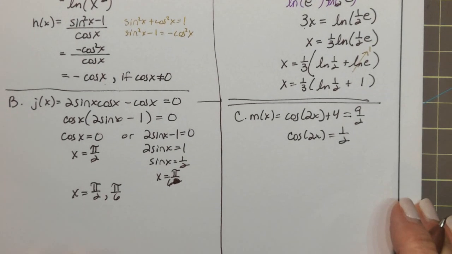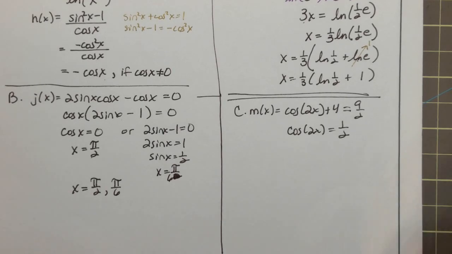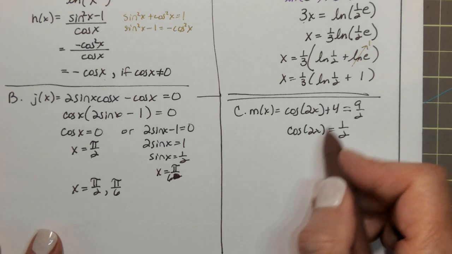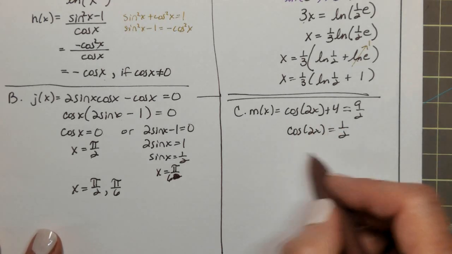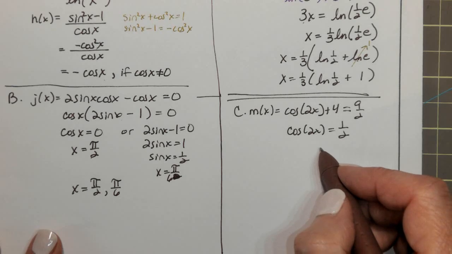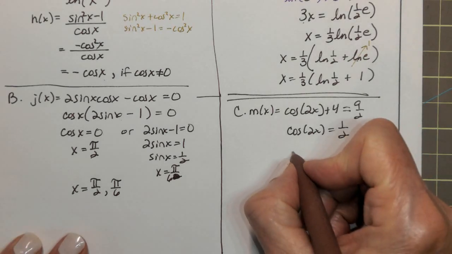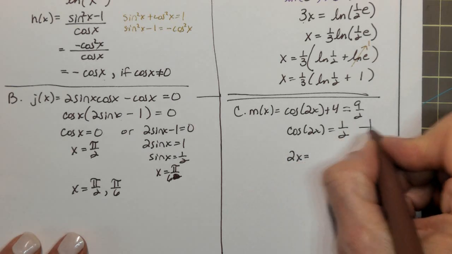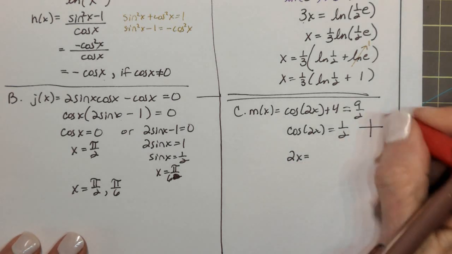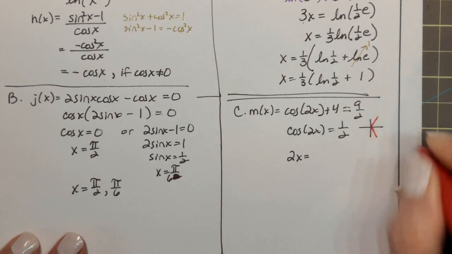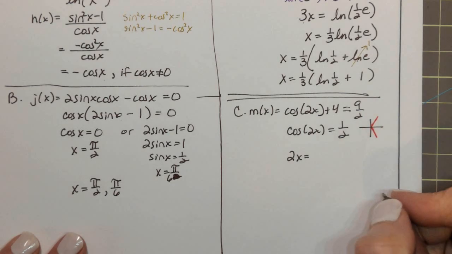Now, we're solving that equation. We did this at some point back in January probably. Okay, so I take my argument, and let's think about that. Cosine is 1/2 at pi/3, but it's also 1/2 at 5 pi/3, right?